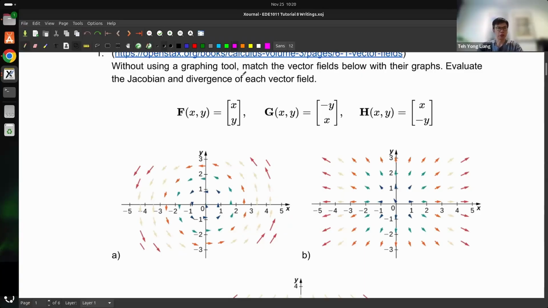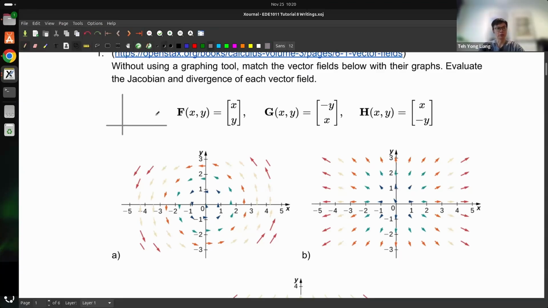It's quite easy to see this one. So F equals xy. What this means is that the x component is x. If you look at this vector field F, you just make a small sketch.